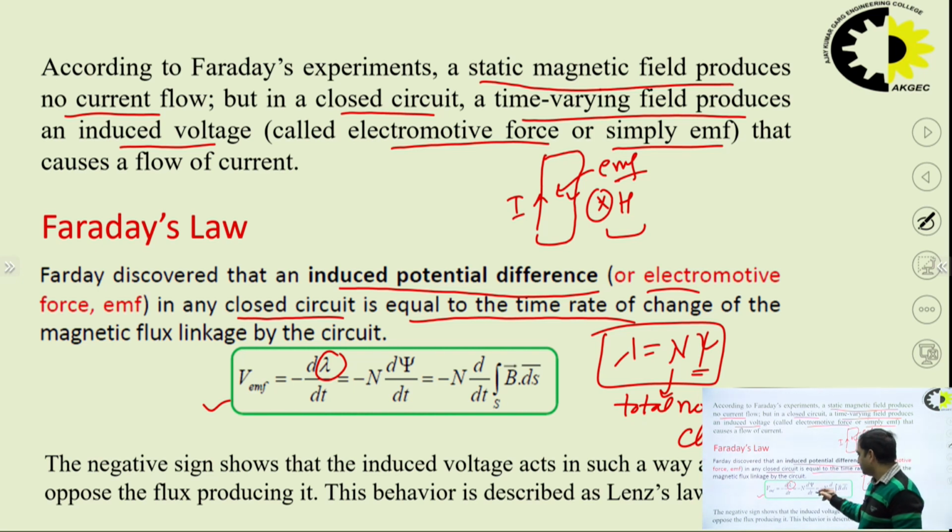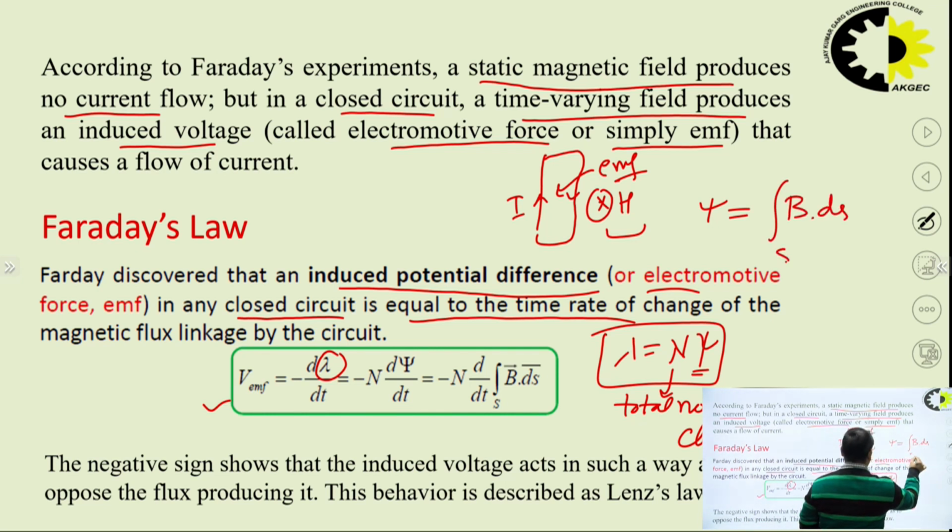In place of psi, as we discussed in Biot-Savart's law as well, the flux linkage by a single loop is equal to the integral of B dot ds over an open surface. Keep in mind that we cannot put the circle here.